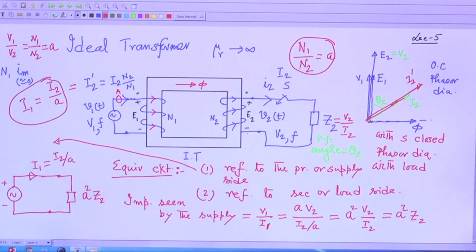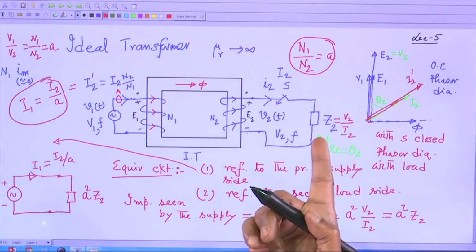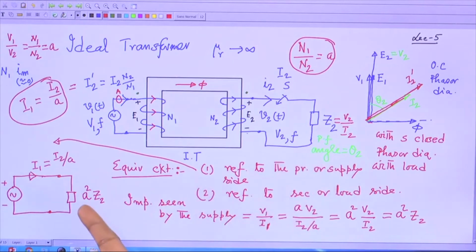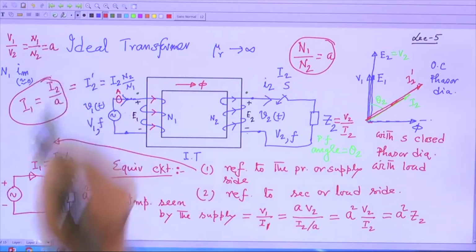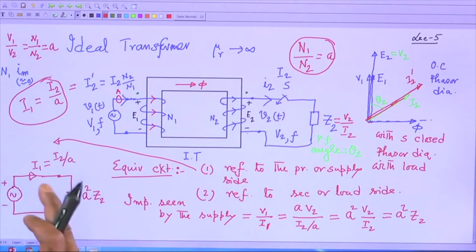What is that? Draw the equivalent circuit referred to primary. If there is Z2, any impedance on the secondary side, multiply it with A square. What is A? A is N1 by N2, the turns ratio, and then solve this simple circuit, V1 by A square Z2, you will get I1.